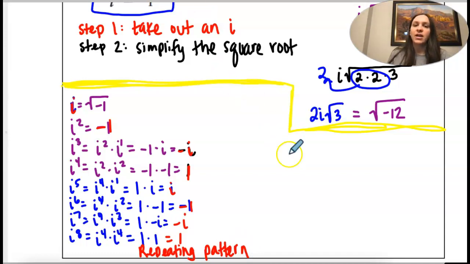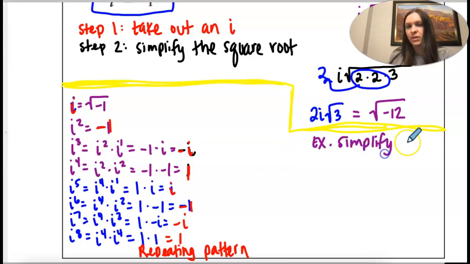So let's say I want to simplify i to the, trying to think of a number, the 33rd.